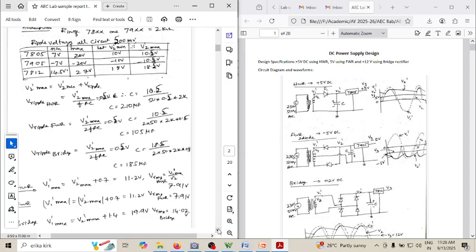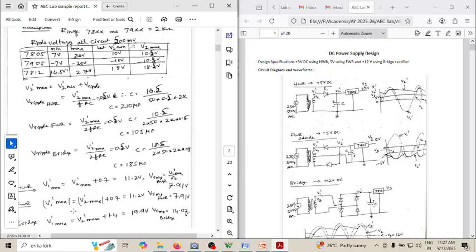For the full wave rectifier, it's the same, because whatever voltage maximum you have will be the same. Of course, we are talking about negative voltage here. Because this is an AC signal, whatever you do for plus 5 will be valid for minus 5 also. Whatever positive half you have, the same will be the negative half.